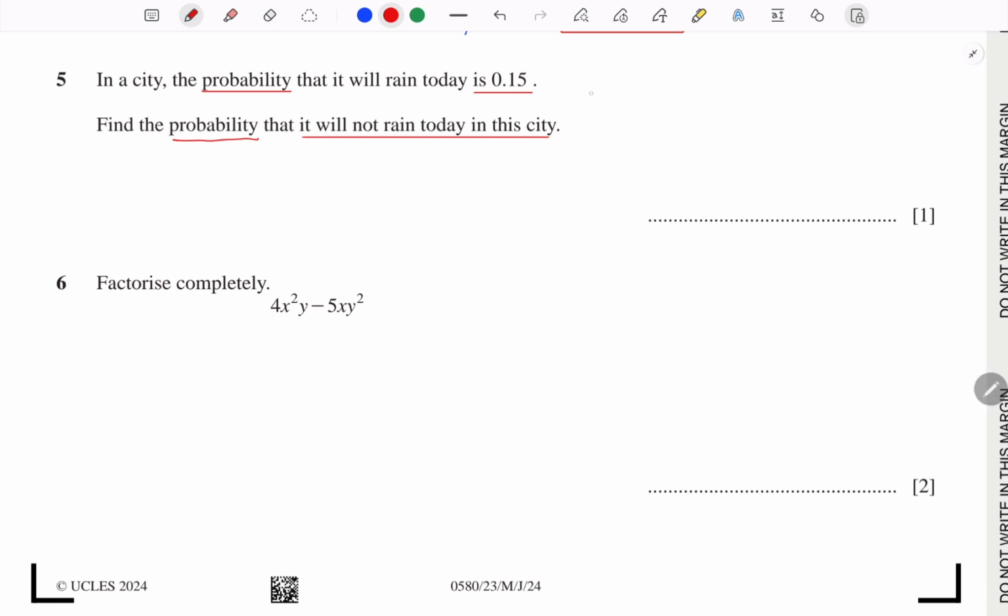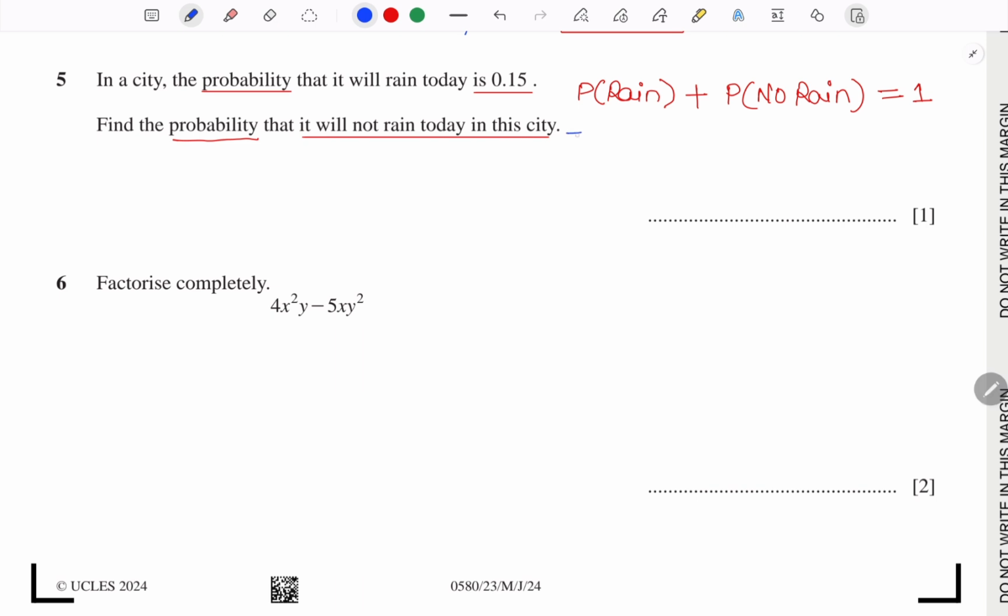So we can write that the probability of rain added with the probability of no rain will always give you 1, because these two are complementary events, and the summation of their probabilities is always equal to 1.